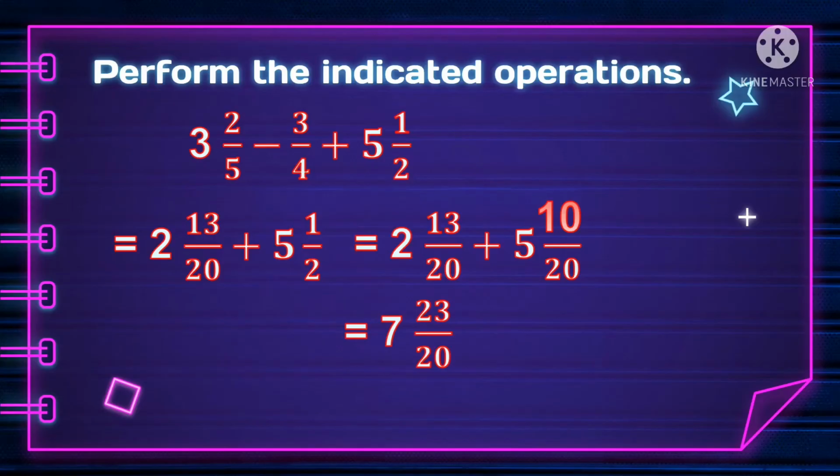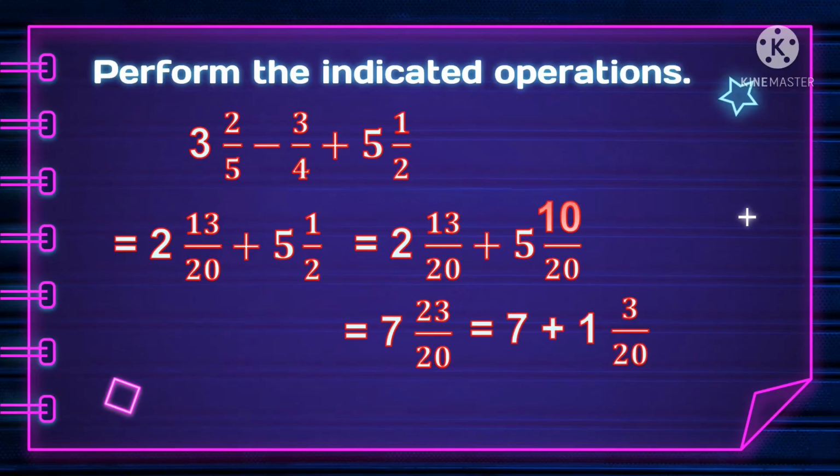So, para i-simplify natin siya, kailangan nating i-change ang 23 over 20 sa mixed number. Paano gagawin? I-divide lang natin yung 23 sa 20. Ilan bang 20 ang makuha natin sa 23? O, diba? Isa lang. Then, ilan yung natira doon sa 23 kapag binawas natin yung 20? E di 3.